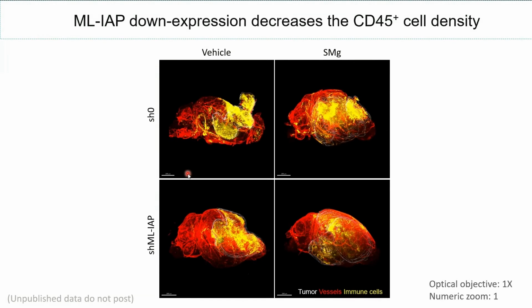MLIP expression could modulate the microenvironment, if there is something here again. And we performed again CD45 whole-mount staining. We injected the control cells or the cells downregulating MLIP, and we treated the mice again or not. In our control condition, we again increased the quantity and the density of the immune cells.